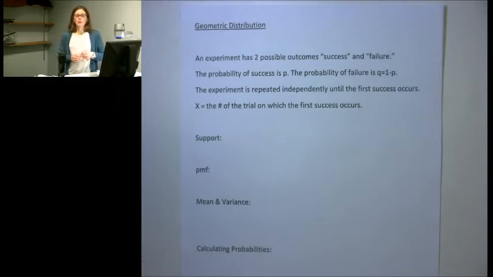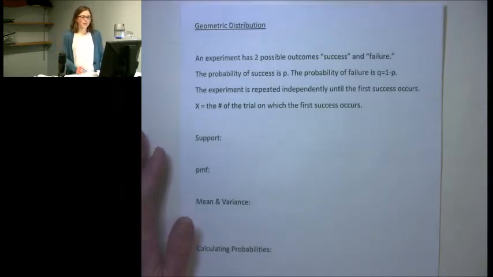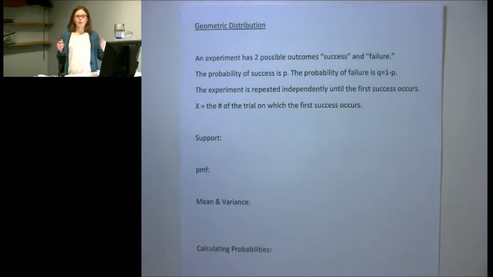So the geometric distribution is a special distribution that can be applied to certain types of problems, and it's used very frequently in probability. If we have an experiment that has two possible outcomes that we can call one of them success and the other one failure, if we call the probability of success p and the probability of failure q, which, since we have to have either success or failure, is going to be equal to 1 minus p, the probability of success.